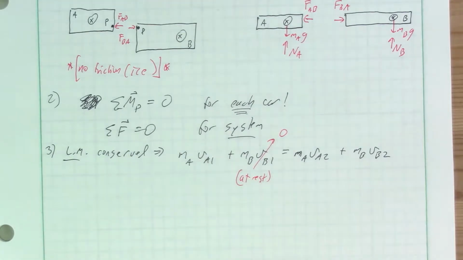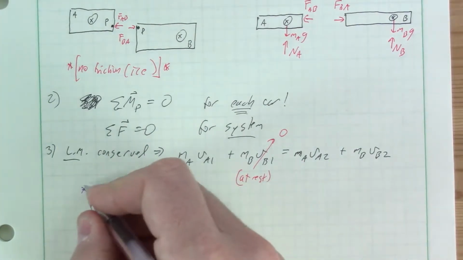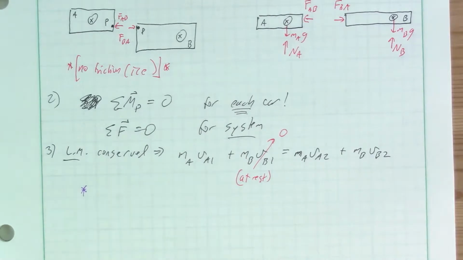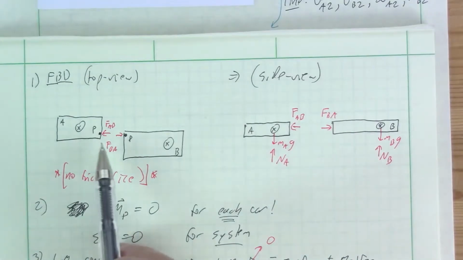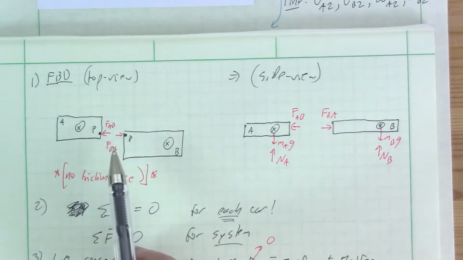And so what is unknown here? Well, that's known, but we have two unknowns over here, the velocities. Okay, also note here that there are only forces on each object in the x direction.